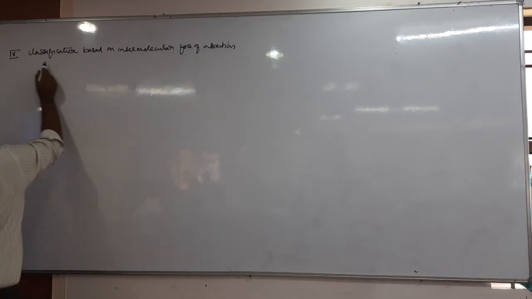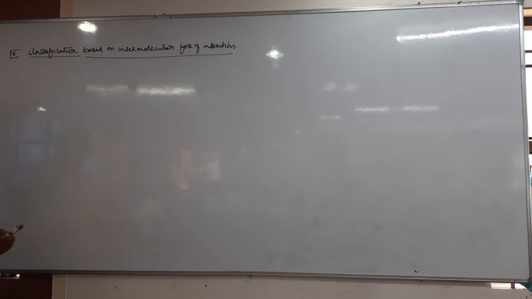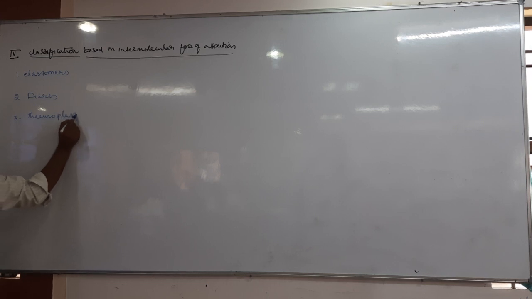So based on intermolecular force of attraction, polymers are classified into 4 types. There are 4 types of polymers. 1, elastomers. 2, fibers. 3, thermoplastic polymers.